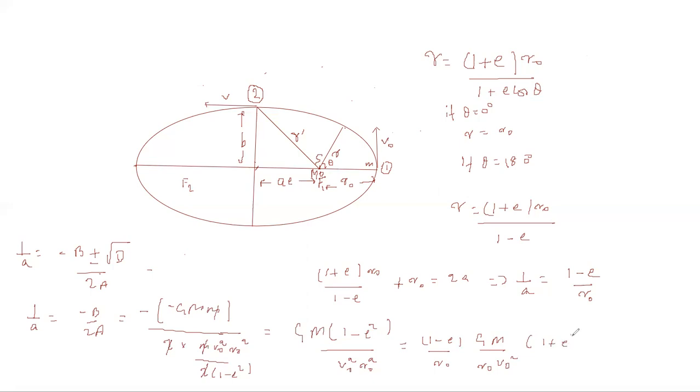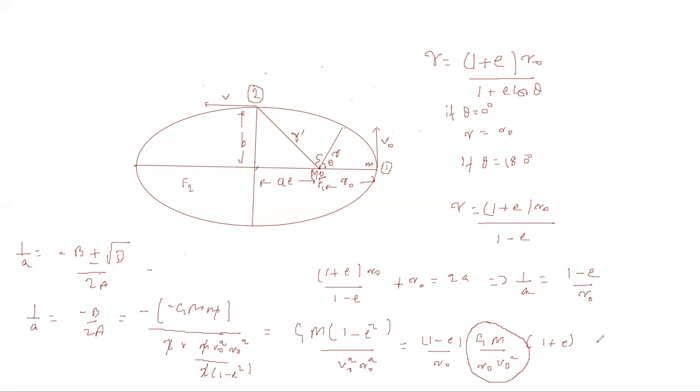We have factorized 1 minus e square as 1 minus e into 1 plus e. Now, this thing from the eccentricity equation of the ellipse that we derived earlier is nothing but reciprocal of 1 plus e.